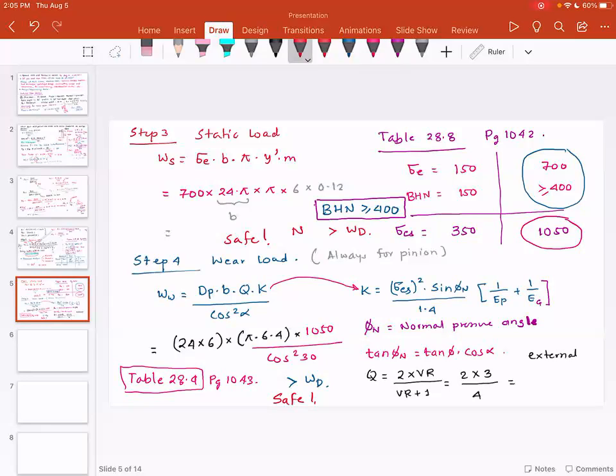Now the next logical question is, it's all great, but what are we losing? Where are we losing? It depends. So if you are going to increase the heat treatment, if you are going to increase the processing, if you are going to go with the superior materials, the cost of the gear is going to be more.